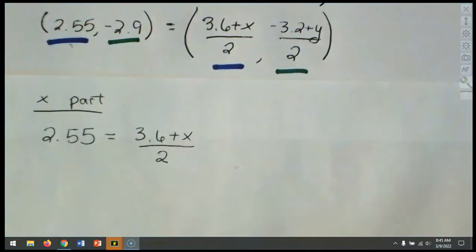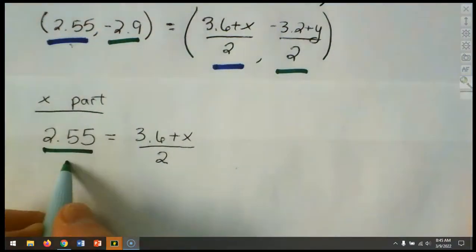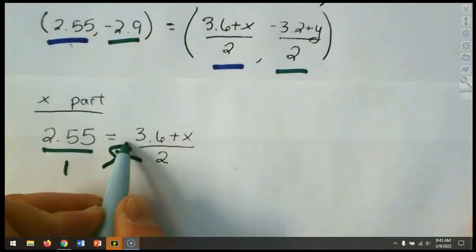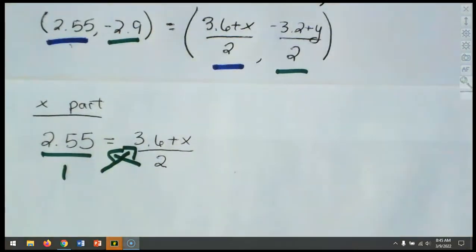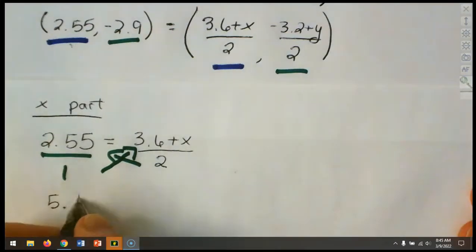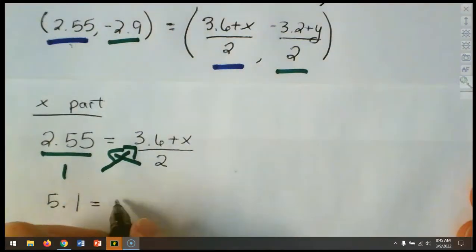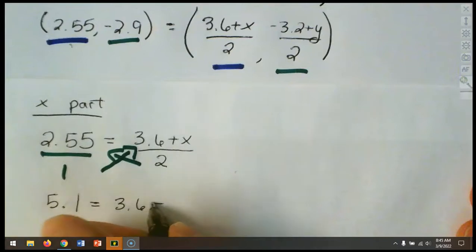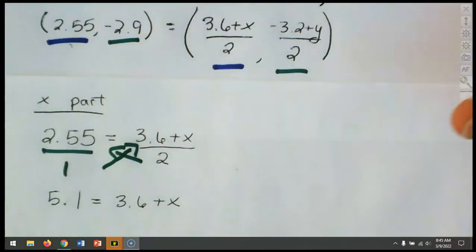Well, there's different ways of doing it. The easiest way is make it over 1. Cross multiply them. So 2.55, we'll multiply that by your 2. And that side is going to come out to then be 5.1. And that equals 3.6 plus x there.